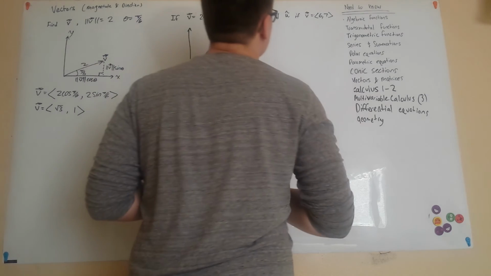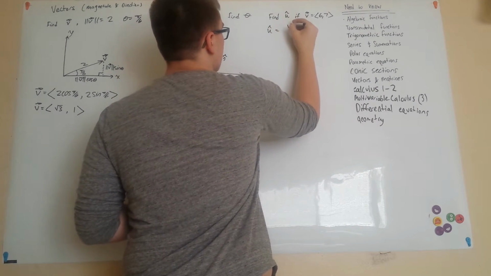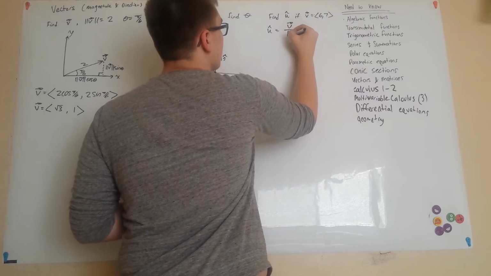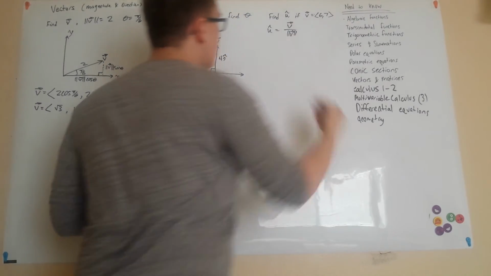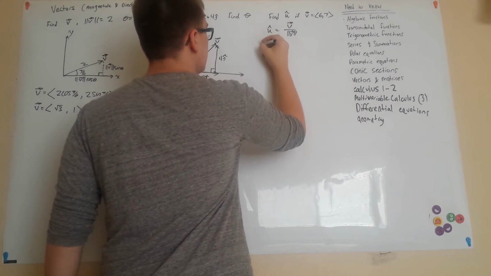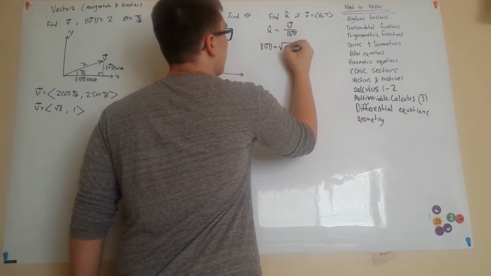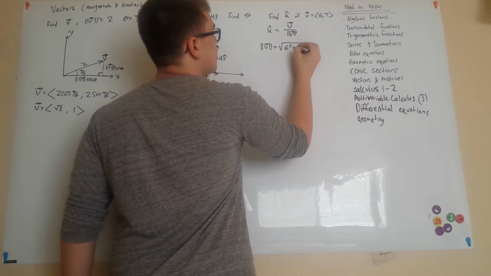Remember the formula for a unit vector? It's just the normal vector divided by its magnitude. That's what we're going to do. We're going to find the magnitude. So how do we find the magnitude? The square root of the sum of the squares.